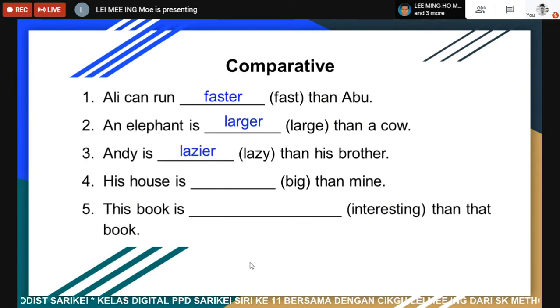Alright, yes, the answer is bigger. So this adjective fulfills the CVC, right? We have CVC over here and one syllable, so you need to double the consonant and you plus ER for the comparative form. Just now I saw an answer lazier, you typed it with Y, right? Pupils, you typed it with Y. But remember, we need to drop the Y for comparative.